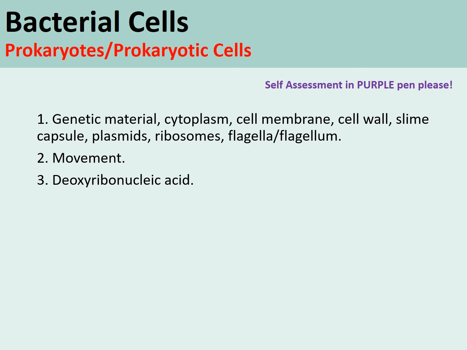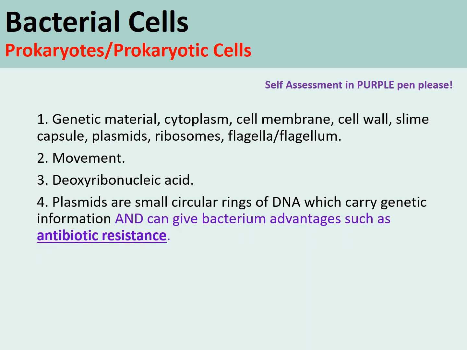And then number 4, what are plasmids? Plasmids are small circular rings of DNA, for 1 point. You might have said that it carries genetic information. Something that we haven't spoken about yet, which is in purple, but some of you might have known: it can be advantageous to bacteria because it means that they can build up a resistance to things like antibiotics.